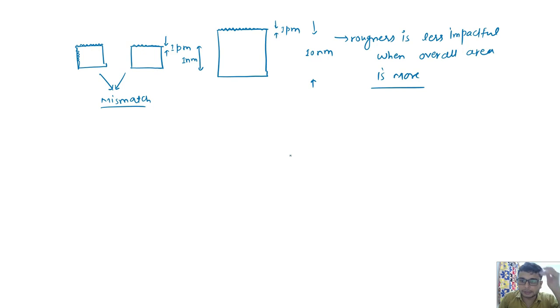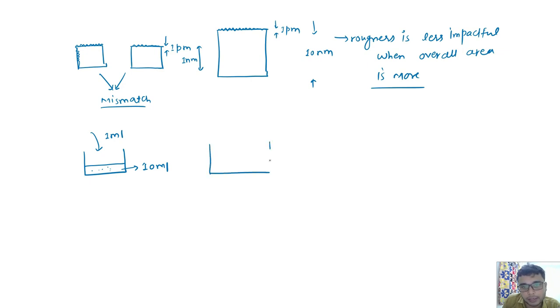Any defect is visible when we observe at a small scale, but it will not be visible at a large scale. You can also understand this by an analogy. If there is a small amount of water, 10 ml, and we drop 1 ml of color into it, then it is easily visible. Somewhere the droplets will be visible, the color will be visible. And if there is a big container containing 10 liters of water, then what is the significance of 1 ml of color?